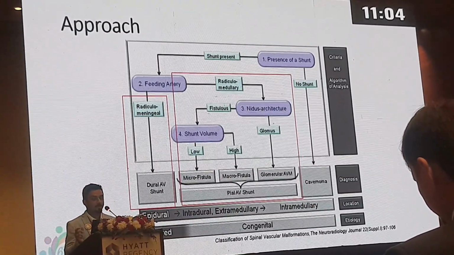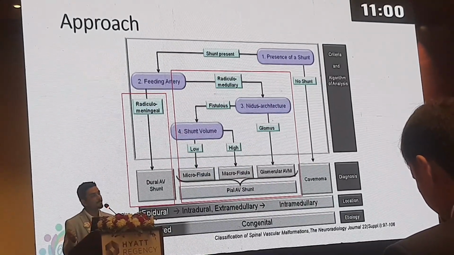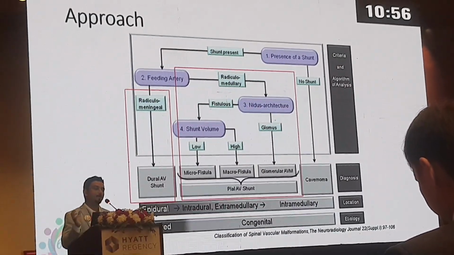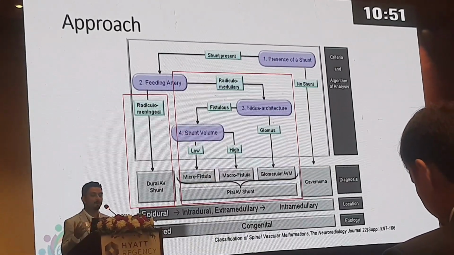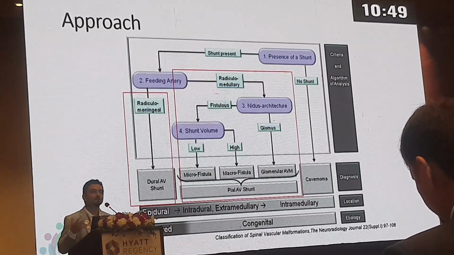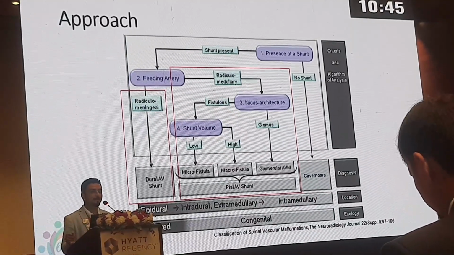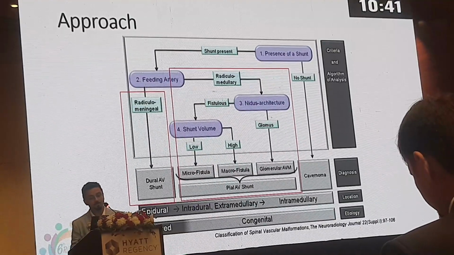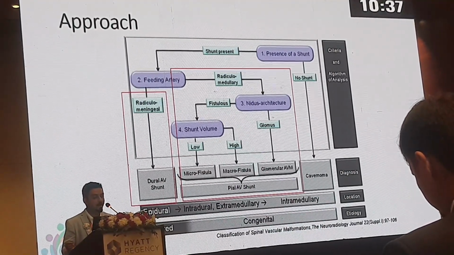If it is a fistula, then we evaluate the shunt volume. Shunt volume is usually evaluated indirectly in MRI from the angioarchitecture, the venous and arterial architecture, or better evaluated from the angiography itself. If it is a low-flow fistula, then it is a microfistula. If it is a high-grade shunt, then it's a macrofistula.